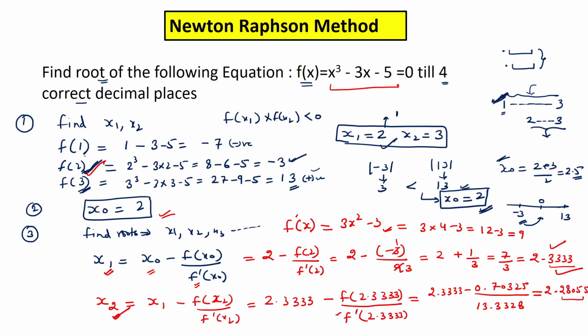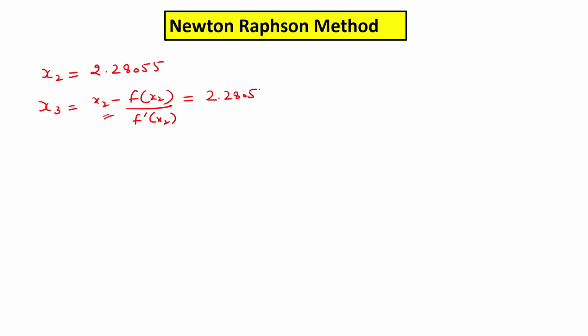So let's find the value of x3. So our x2 that we have got is 2.28055. Okay, so now x3 will be this x2 minus f of x2 divided by f dash of x2. Okay, so I will directly use the value. So this will be 2.28055.